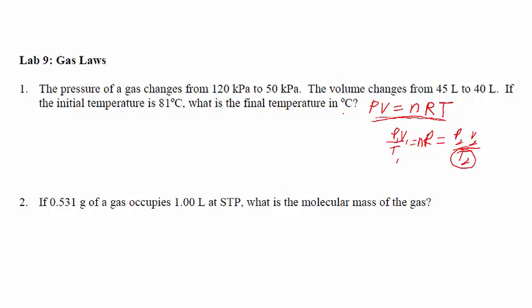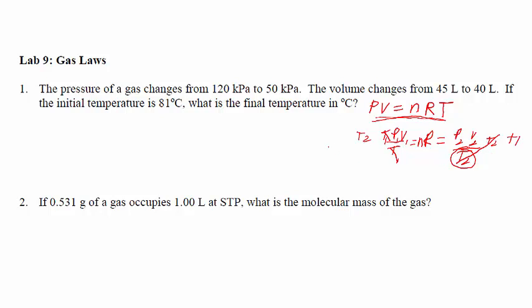So what do we do? We multiply each side by T2 to get it on top. Get rid of that. And then multiply each side by T1 to get it out of this side. Gets rid of that.